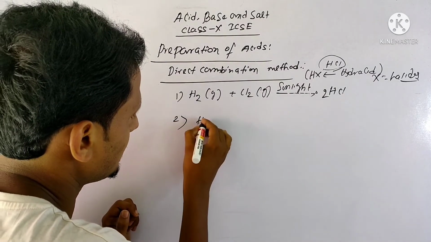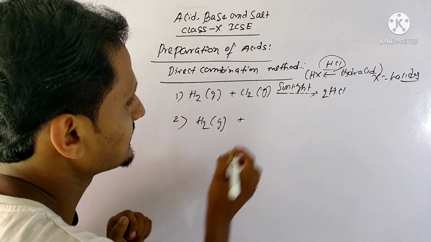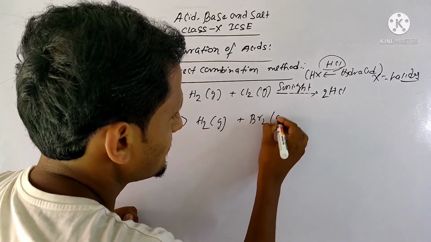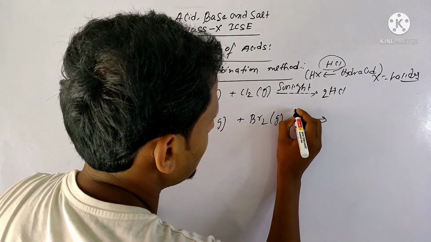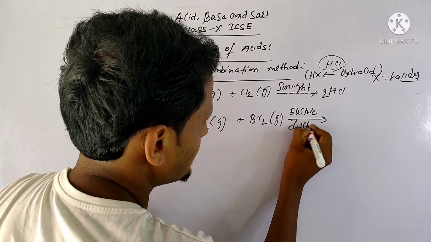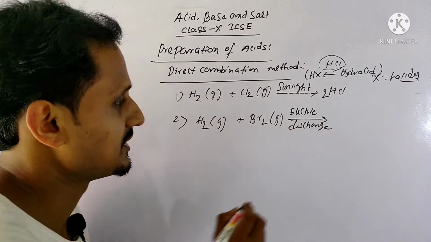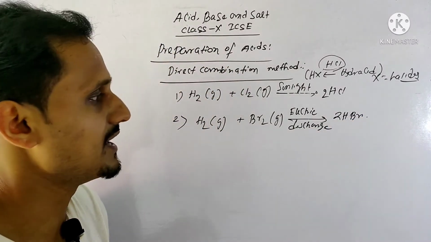Second, hydrogen in gas phase plus bromine, also in gas phase. We have to pass electric discharge, so that we will get HBr, hydrogen bromide.